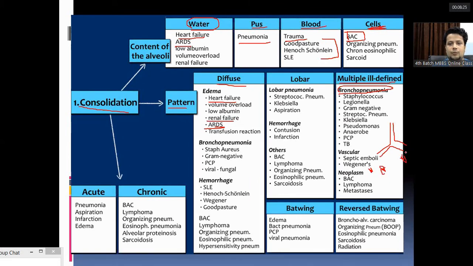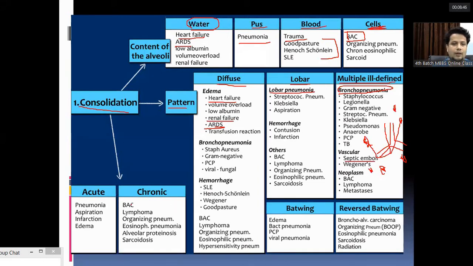It may also be due to septic emboli, where the blood vessels spread the infection. That is called septic embolism, usually seen in infective endocarditis. If it is lobar, it is usually due to lobar pneumonia.